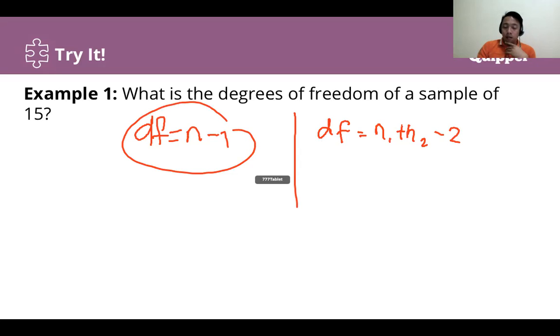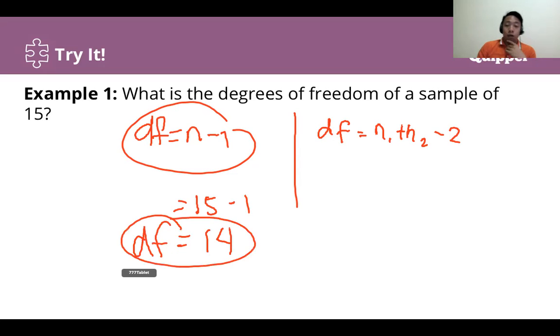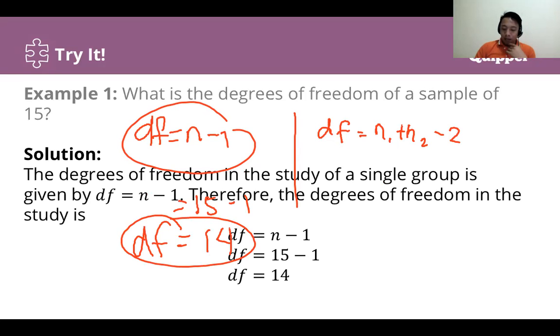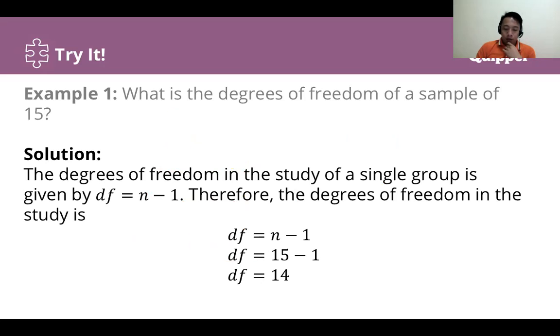So how to find the degrees of freedom? Okay, this one is easy as 1, 2, 3. Or easy as A, B, C sa mga bata. Okay, so what we have here is 15 minus 1, we have the degrees of freedom, which is 14. As simple as that. Okay, so we have the answer, which is 14, and we are correct.